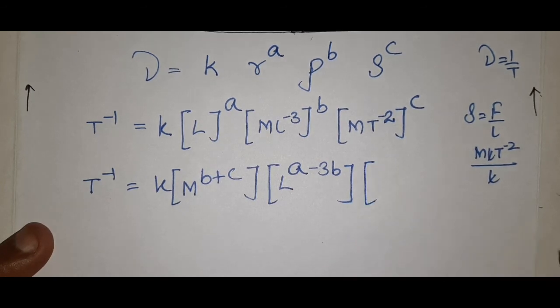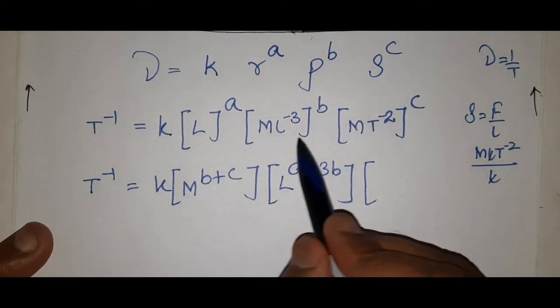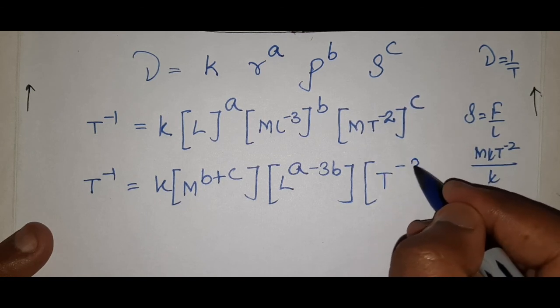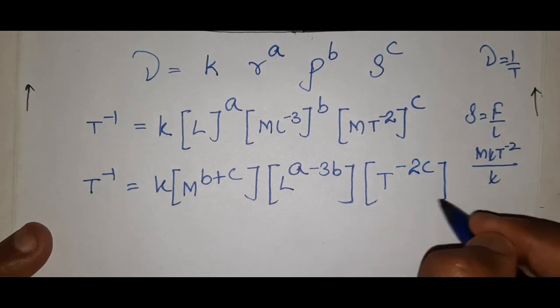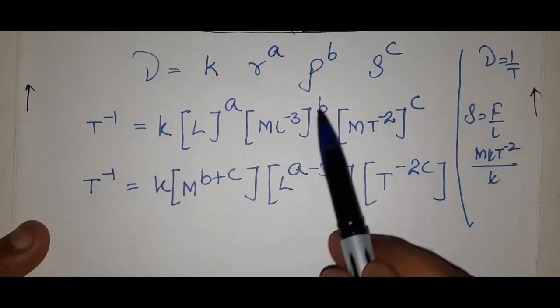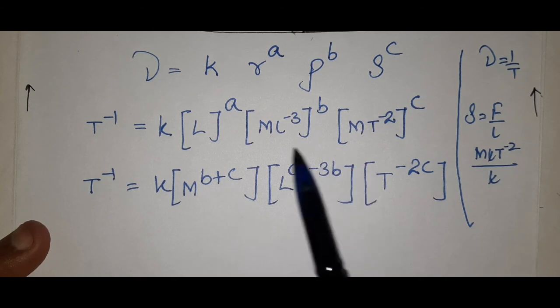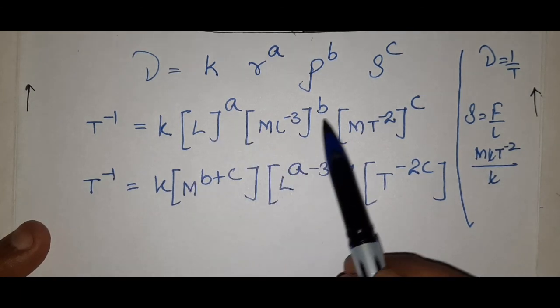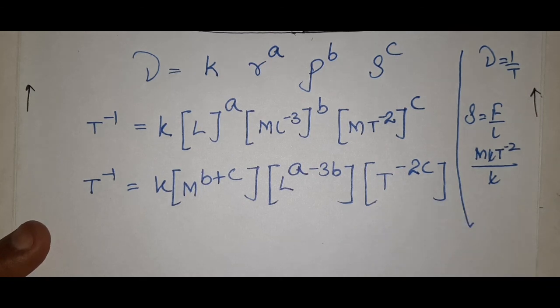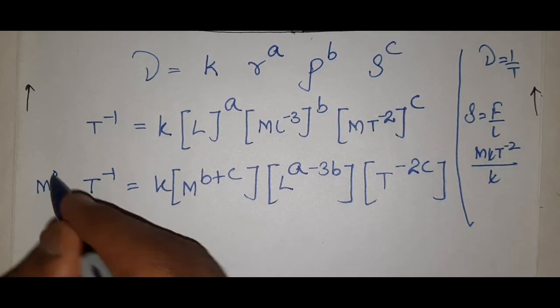Time is minus 2c. Hope everything is considered. Let's check. Mass b, mass c, mass b plus c, length a minus 3b. All taken into account. Now mass power 0 this side, length power 0 this side.